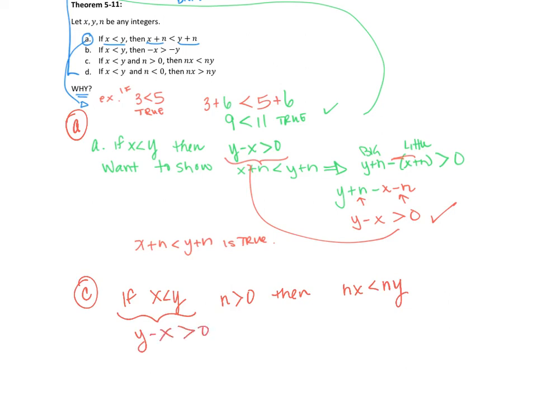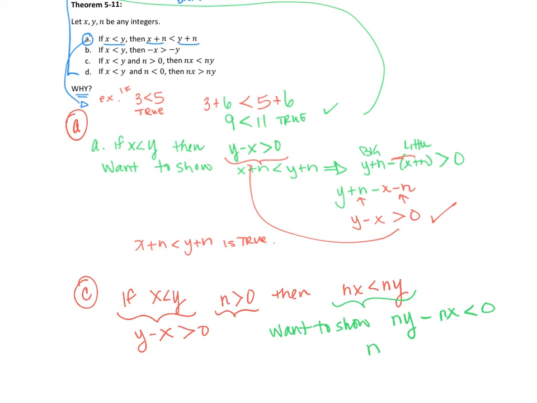We also know that n is greater than 0. So let's see, if this last part is going to be true, we want to show then that ny, that's the big guy, minus the little guy, is going to be greater than 0.